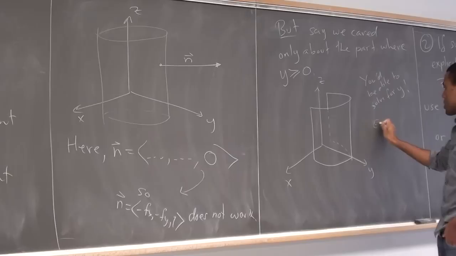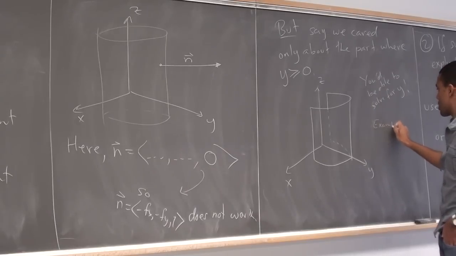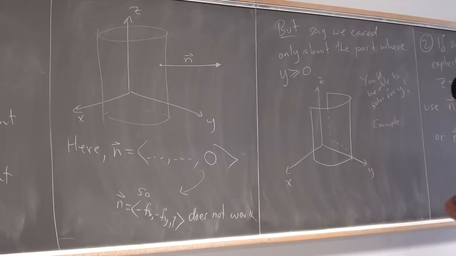An example of something that would look like this as well: you would have x squared plus y squared equals some constant. If you only want the part where y is positive, you'd be able to say y is equal to the radical of 4 minus x squared. If I had the other side, I'd need a plus and minus.